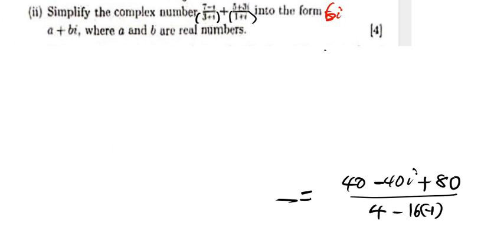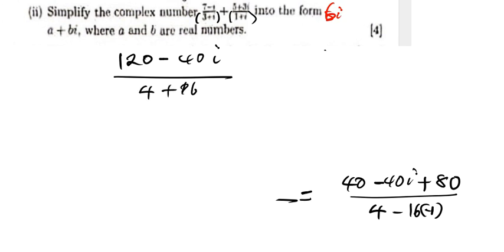So we're going to have 40 plus 80, that is 120, minus 40i. We divide this by 4, negative and negative plus 16, that becomes 20. So 20 into 120 is 6, and minus 40i over 20 is minus 2i.